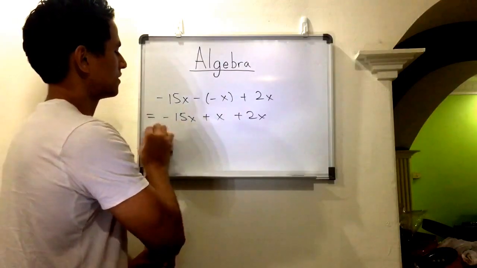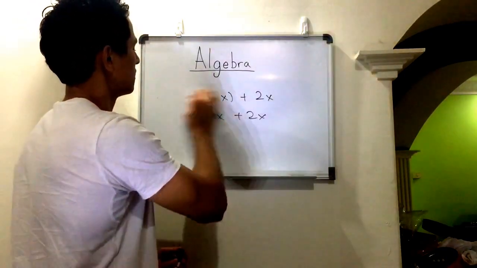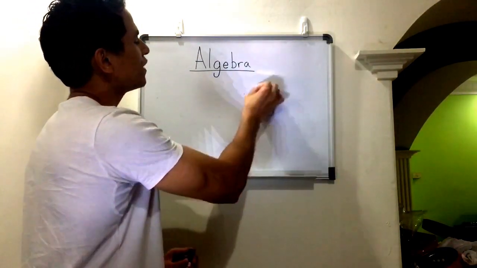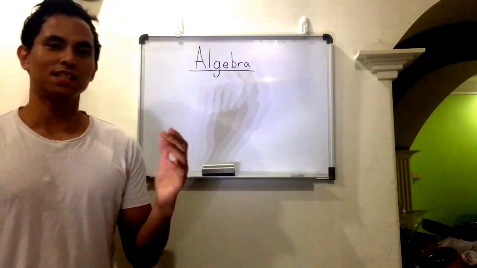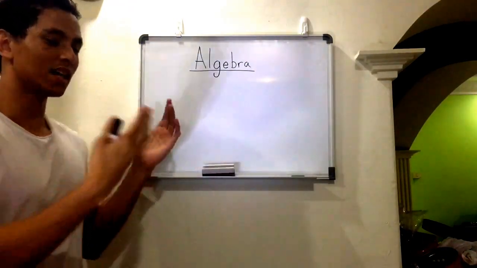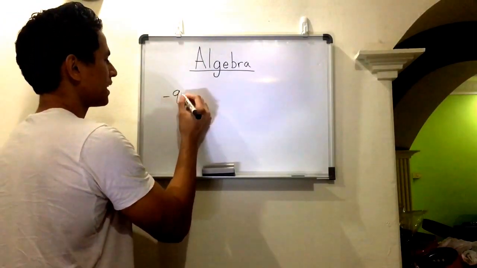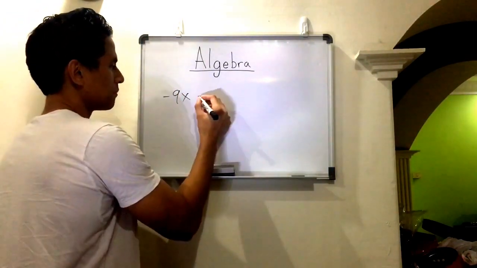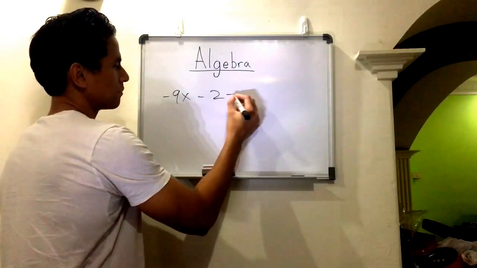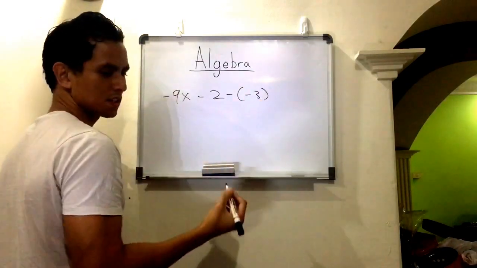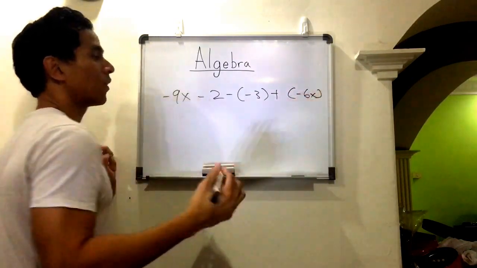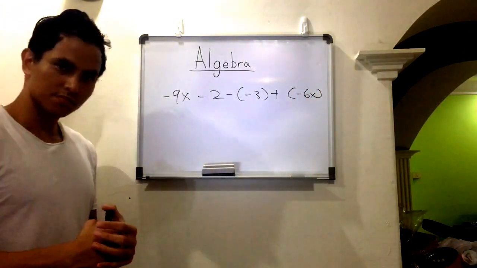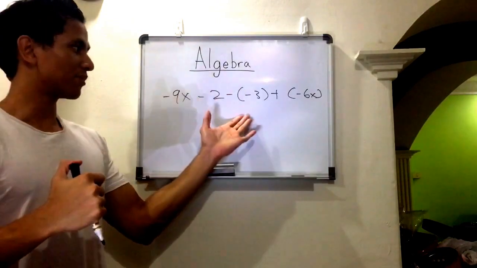Next. The fifth example. Make it slightly harder. The example would be as such. Minus 9x minus 2 minus 3 plus 6x. Okay, so now there's 4 terms. So again, we look at the brackets first.